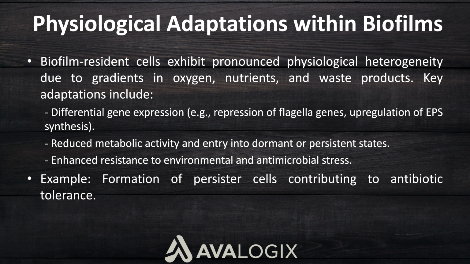At the molecular level, biofilm cells undergo extensive transcriptional reprogramming. Genes related to motility, such as those encoding flagella, are often downregulated, while genes promoting EPS production, adhesion, and stress responses are upregulated. This shift supports stability over mobility, enhancing survival. Another adaptation is the emergence of persister cells, a small subset of dormant, highly tolerant cells that can survive antibiotic exposure without being genetically resistant.